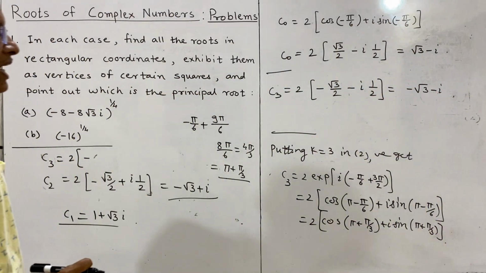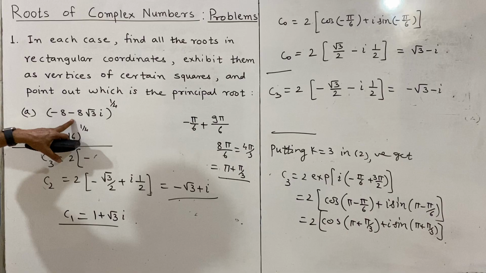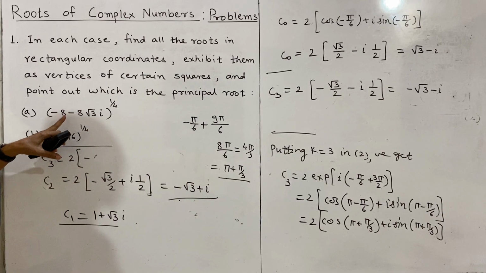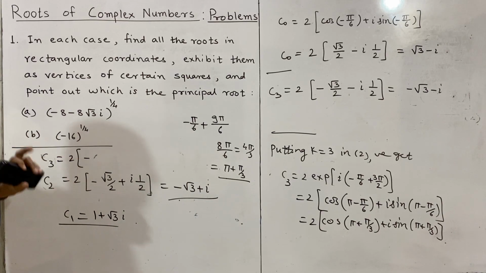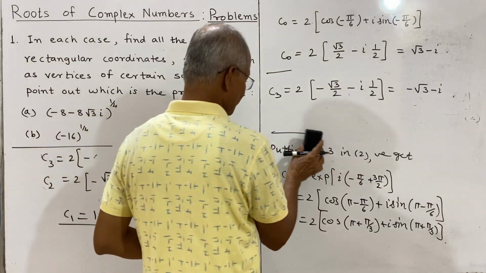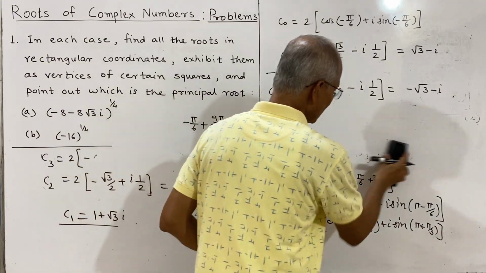So thus these are the values of the fourth root of minus 8 root 3 into I, and we shall now list them.